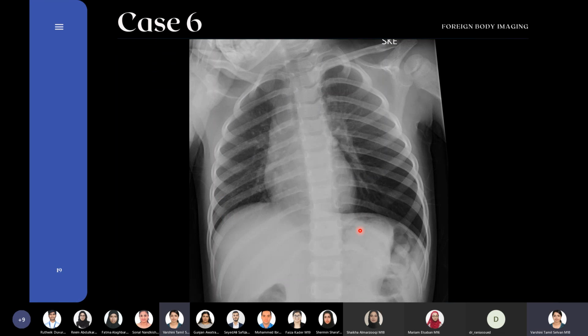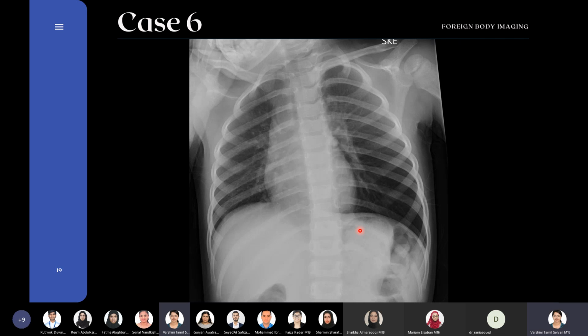So this is case 6, and I would be amazed if you can find out what abnormality is in this. It's a very tricky case. But first, tell me, what type of scan is this? Is it an X-ray or an MRI? Yes, this is an X-ray.